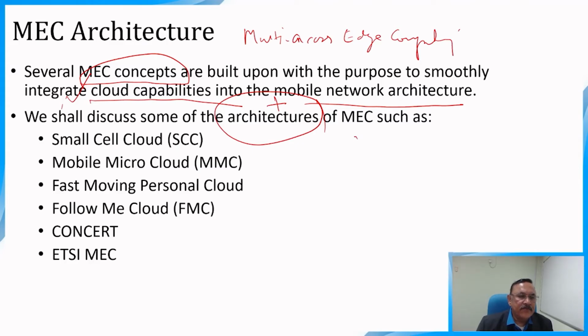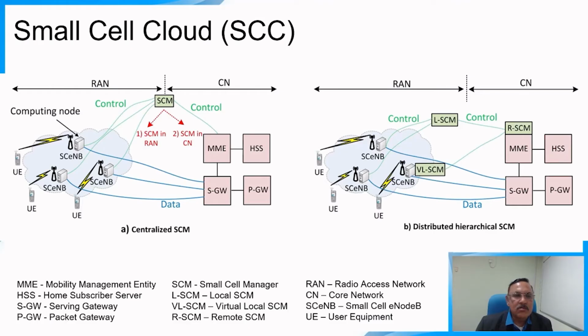Let us see some of them. The first one we are going to cover is called small cell cloud, then mobile micro cloud, MMC, then fast moving personal cloud, FMPC, then follow me cloud, FMC, and finally others. Let us see about the small cell cloud. This is an architecture of MEC.